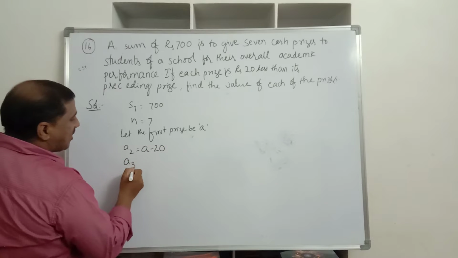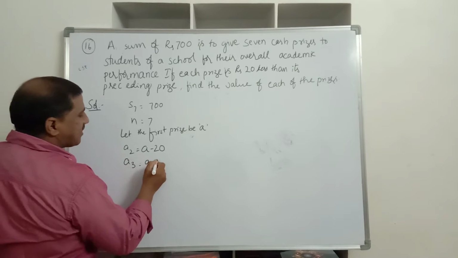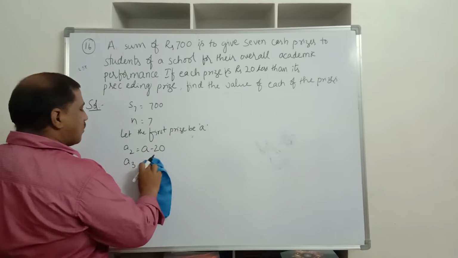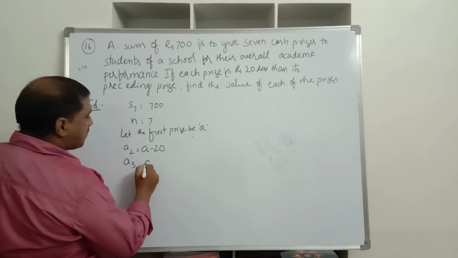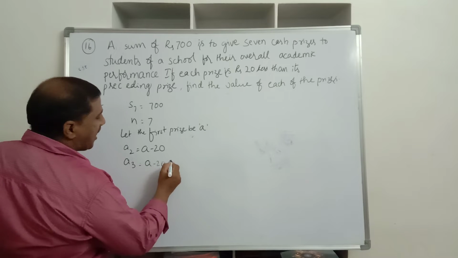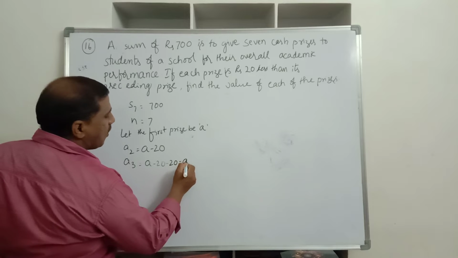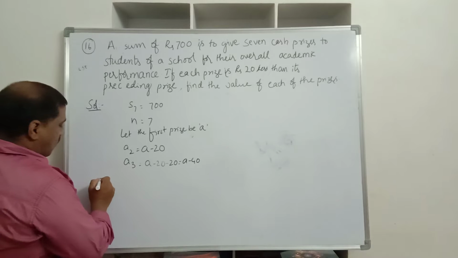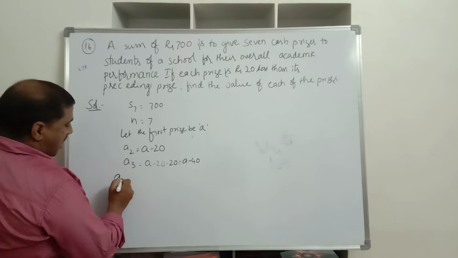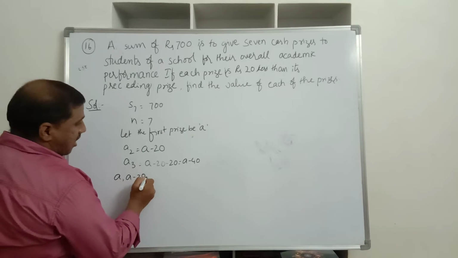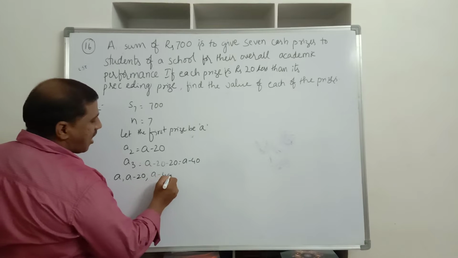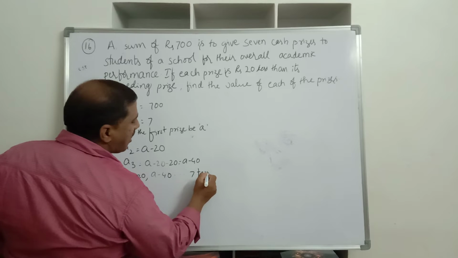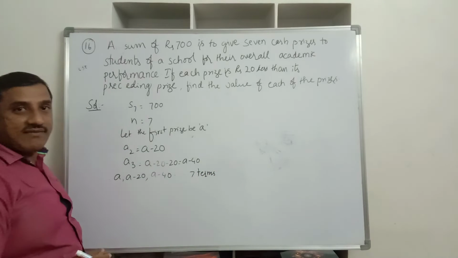The third prize, a3, is the second term, again 20 less, so a minus 20 minus 20, which is a minus 40. Therefore the cash prizes are a, a minus 20, a minus 40 and so on. How many prizes are there? 7 prizes, which means we call it 7 terms.